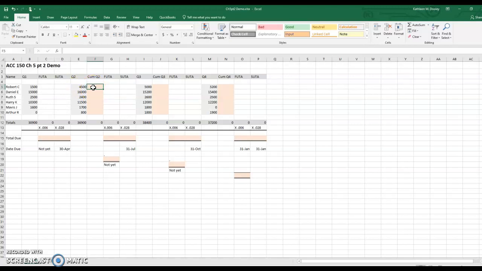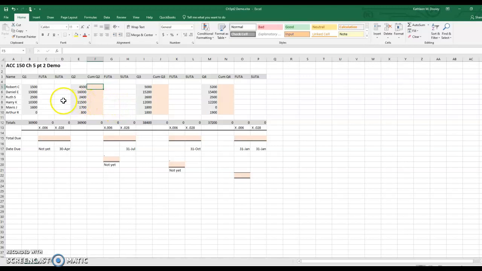And I have cumulative quarter 3 and cumulative quarter 4. If a number is above the maximum in cumulative 2, then I'll have to use the previous quarter's cumulative to calculate how much is taxable for FUTA or SUTA.